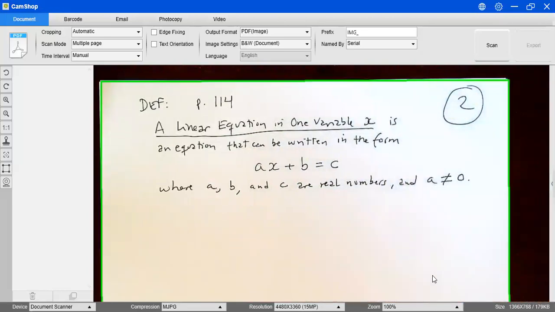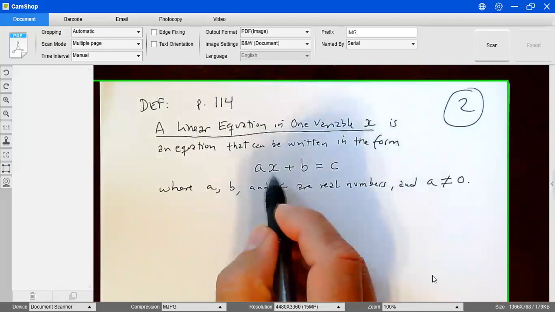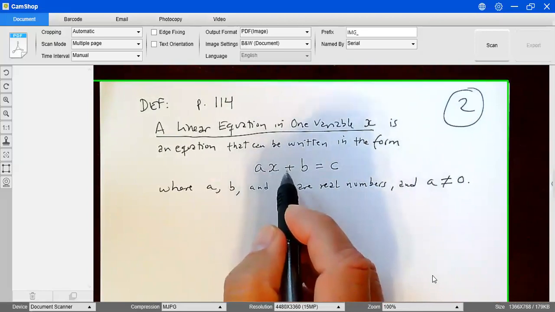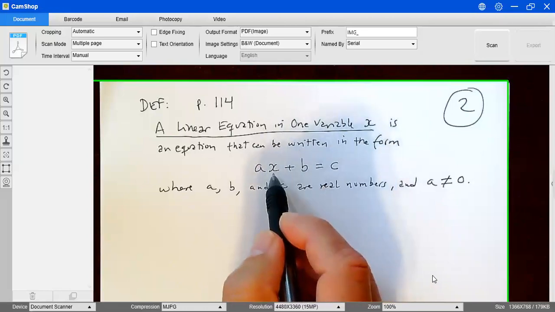So that's the definition of a linear equation in one variable x. It's linear because you have the variable x raised to its first power, and also it's in one variable because the only variable here is x.